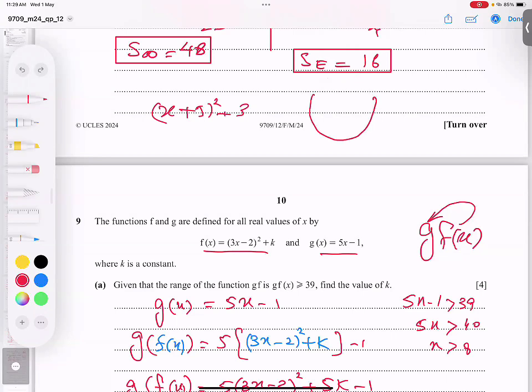How do we get the minimum value of x and y? Remember, put this equal to 0: x plus 5 equals 0. I get x equals -5, and this number itself is the y value. So we get -5 and 3, and then the range will be more than this number. So the range becomes y is bigger than or equal to 3.